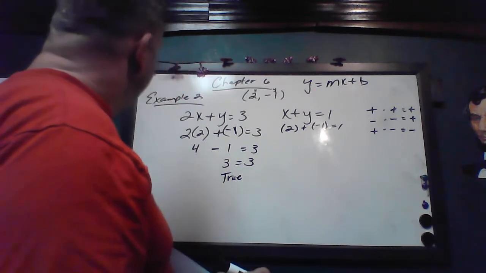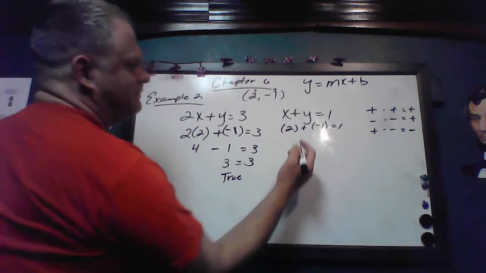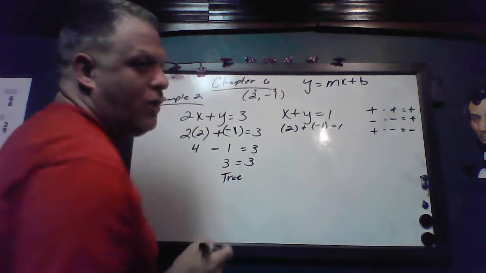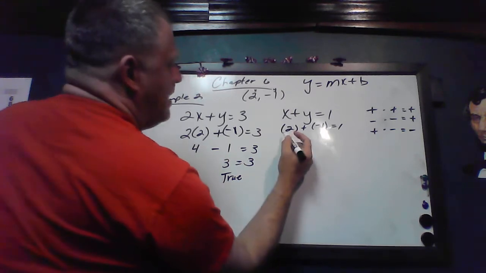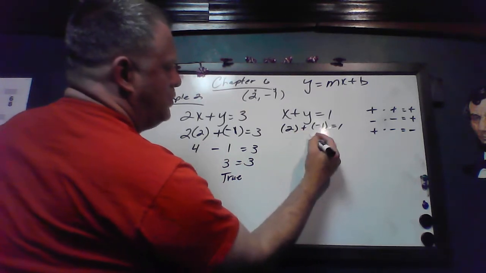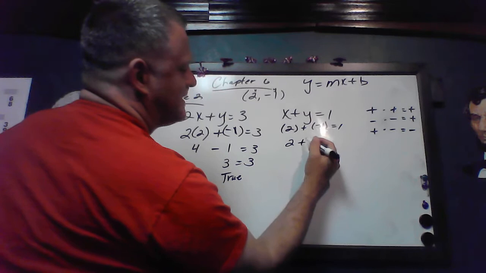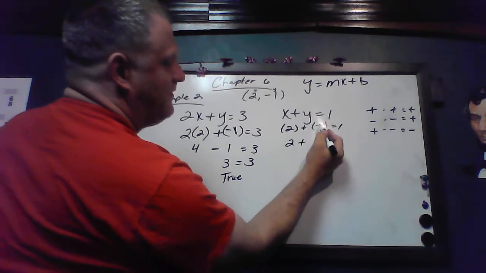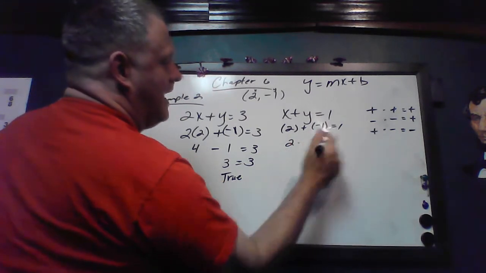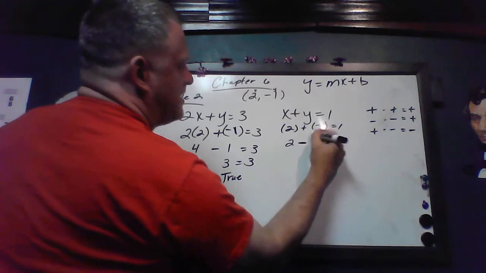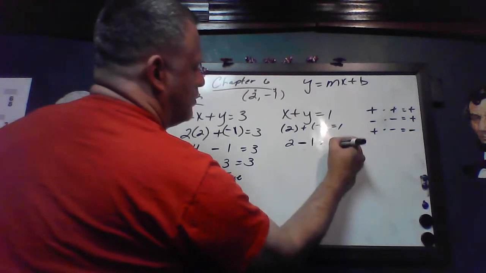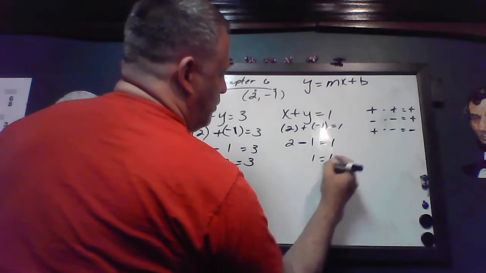All right, so let's finish this one. We can go off of this chart if you're having problems. So let's do 2 plus, a positive times a negative equals a negative, so -1 equals 1, 1 equals 1.